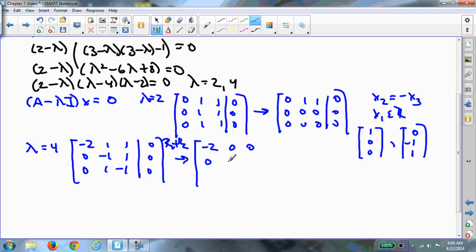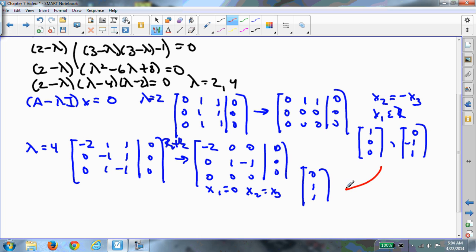And obviously the last two I can reduce to 0, 1, negative 1, 0, 0, 0, augmented with 0, 0, 0. And I get, for the solution, this time x1 equals 0, x2 equals x3. And my corresponding eigenvector then is (0, 1, 1).